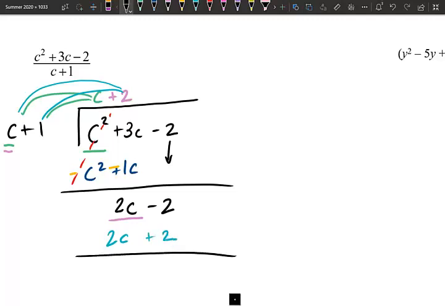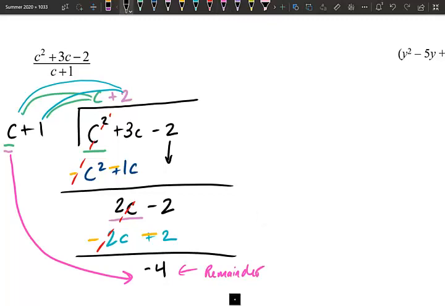We need to switch our signs, so positive becomes negative. 2c minus 2c, that cancels. Negative 2 minus 2 is negative 4. And that's our remainder, because c can never be negative 4. That's a variable and that's a number. It's never going to happen. So that's our remainder.